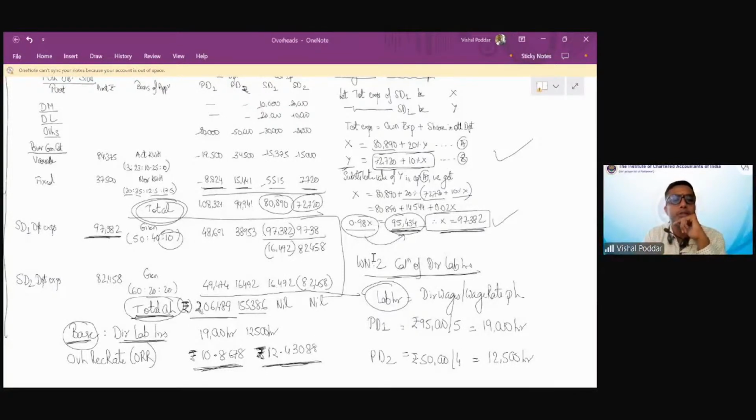Anybody else has any questions or doubts? Hope you all have understood the entire ORR concept working. Anybody wants to ask anything?